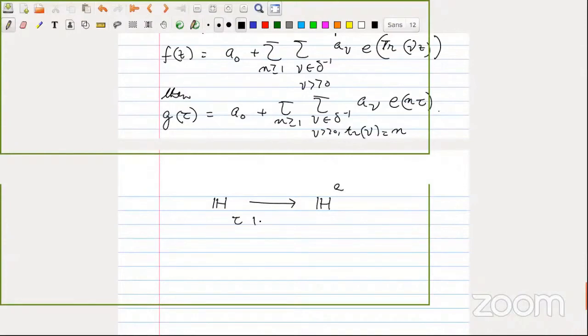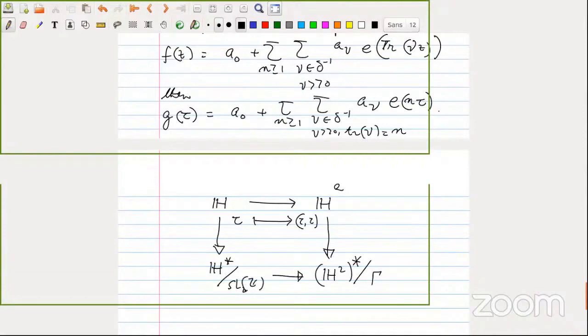I have a τ here, and then this τ is being mapped to (τ, τ) here, and then I'll have H²* mod Γ here, and over here this will factor through H* mod SL2(Z). Okay, like this.